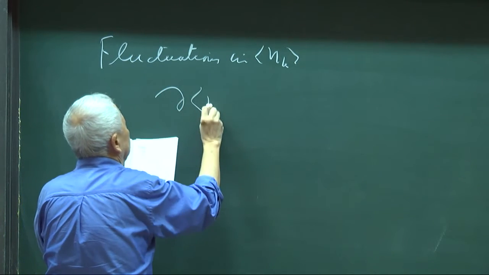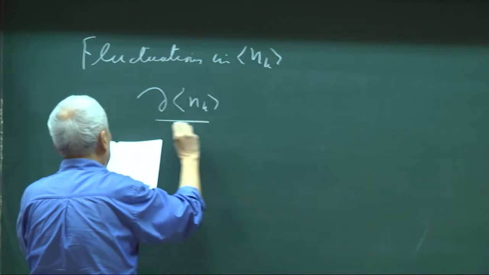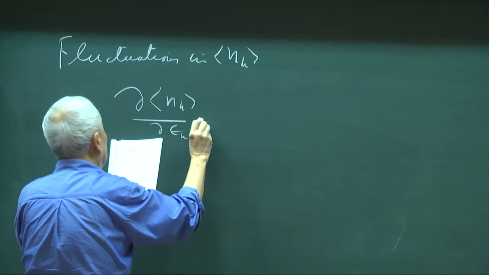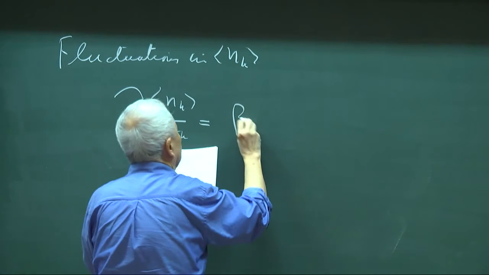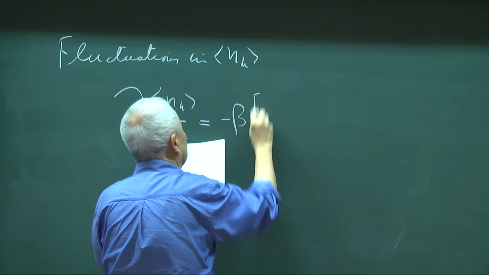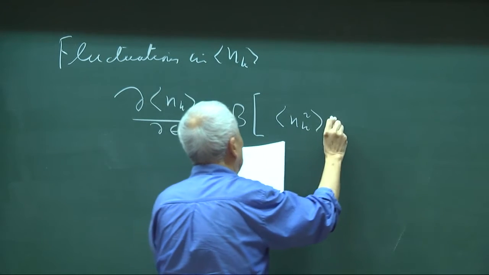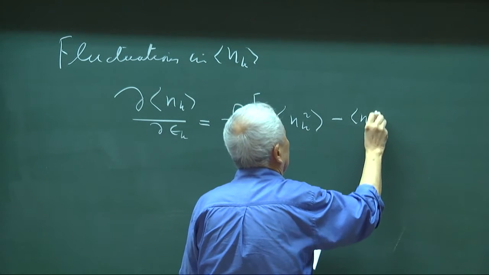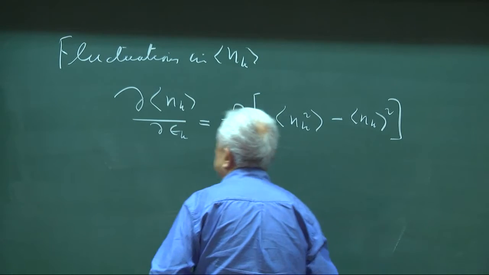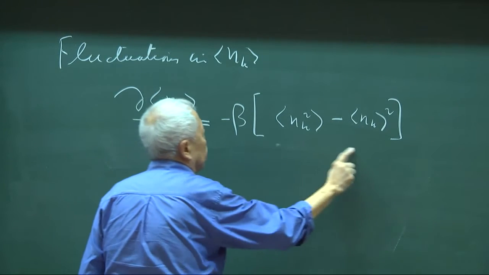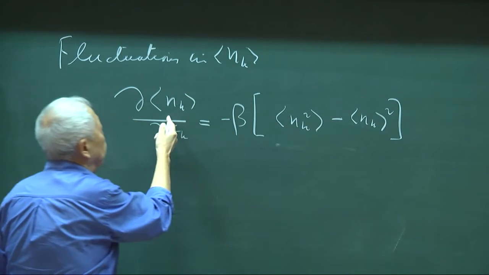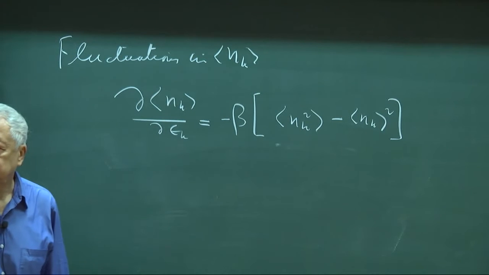You can show that the derivative of n_k with respect to epsilon_k is equal to minus beta times the mean of epsilon_k squared minus the square of the mean of epsilon_k. So you can compute the fluctuation by just taking our known n_k and differentiating it.